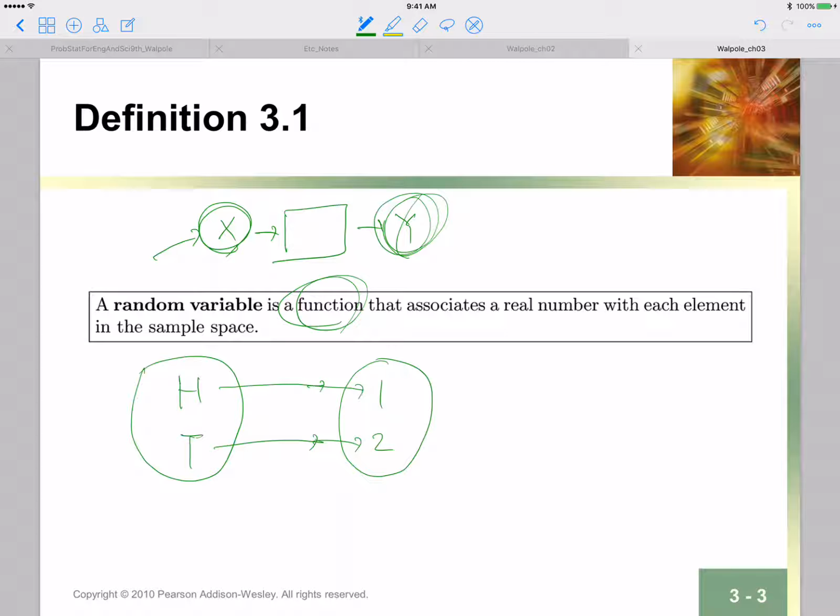This can be viewed as our random variable, for example x. So random variable x maps the head from flipping a coin into 1, and the tail into 2.